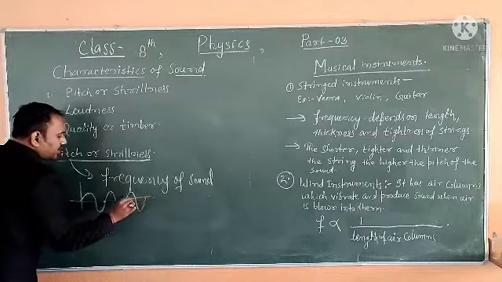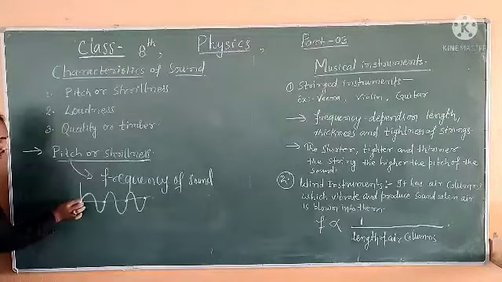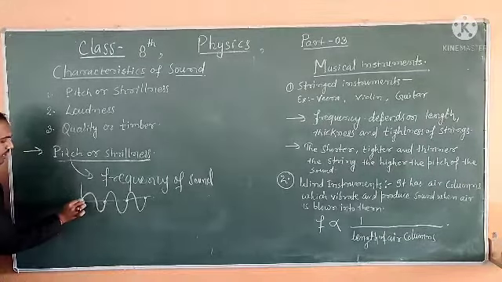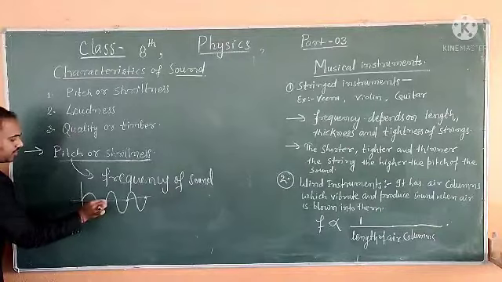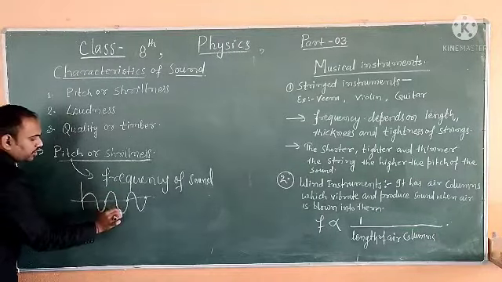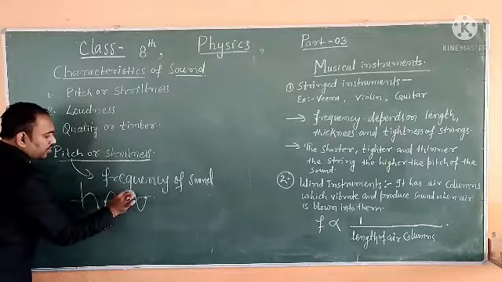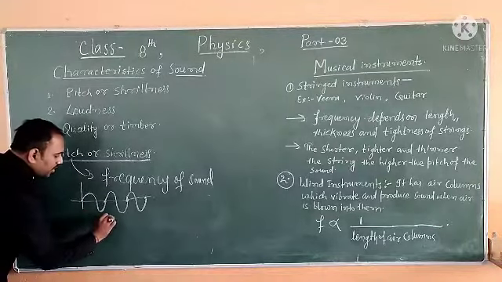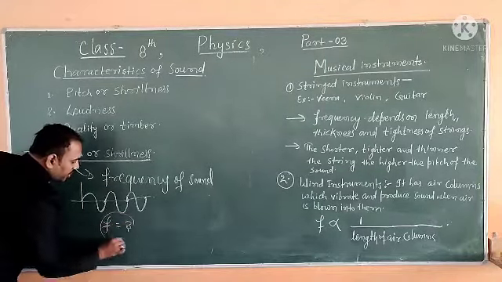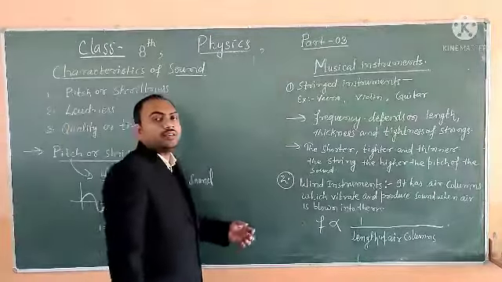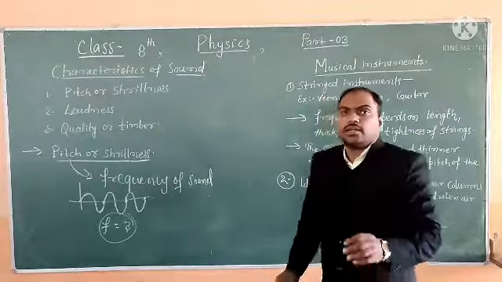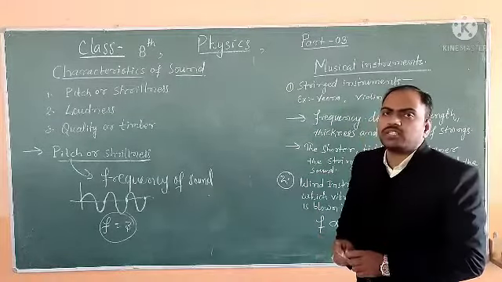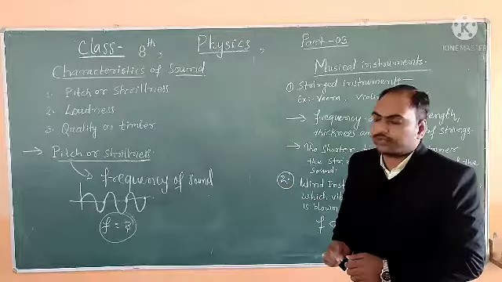If it is forming 3 complete waves, starting from here, 1 positive, 1 negative, it is 1 wave. 1 positive, 1 negative, it is the second wave. 1 positive, 1 negative, it is the third wave. So frequency f is the number of waves formed by sound. The number of complete oscillations done by sound in a particular second is called frequency.